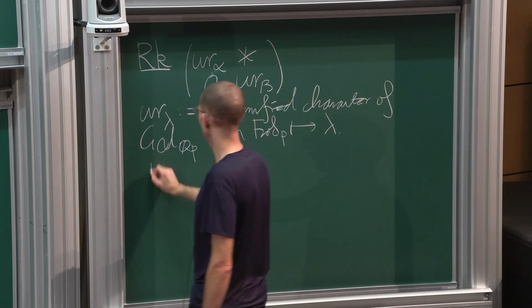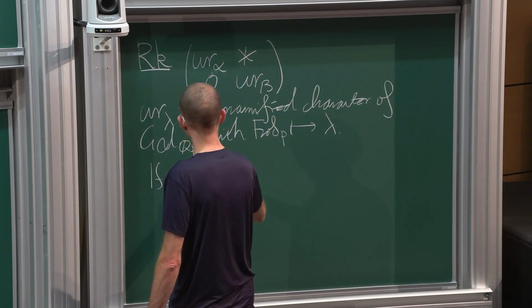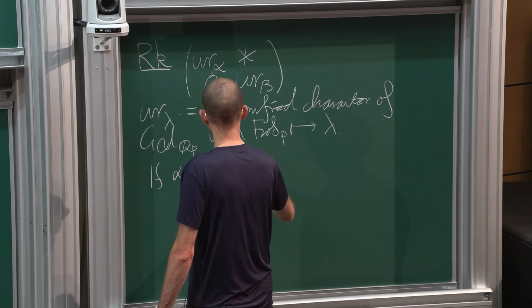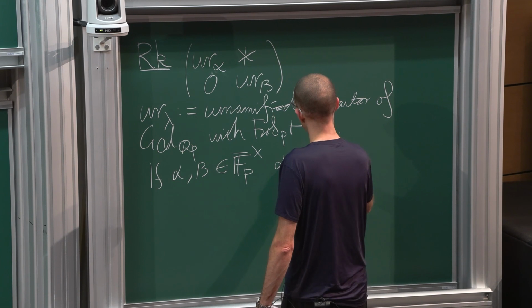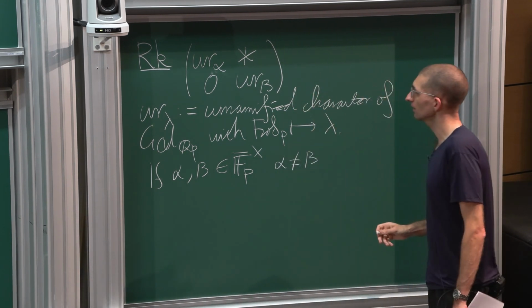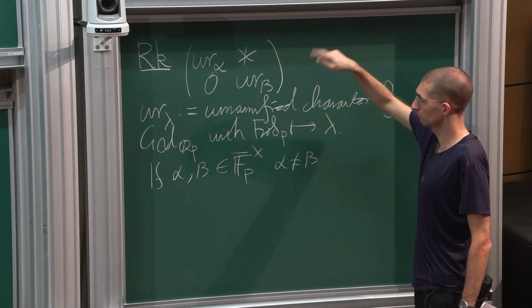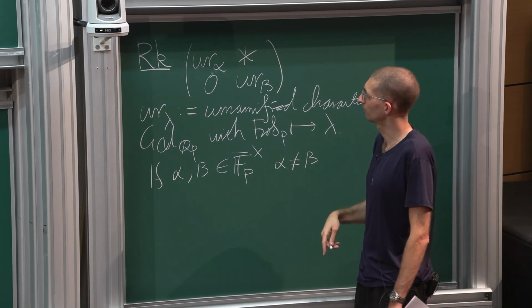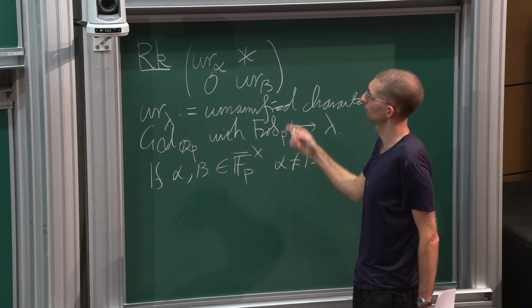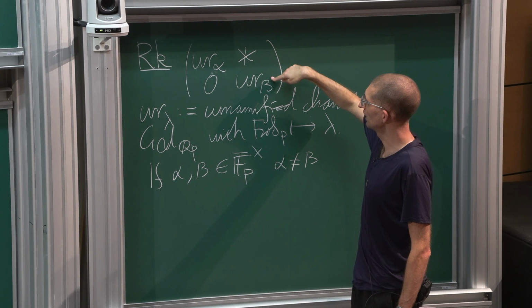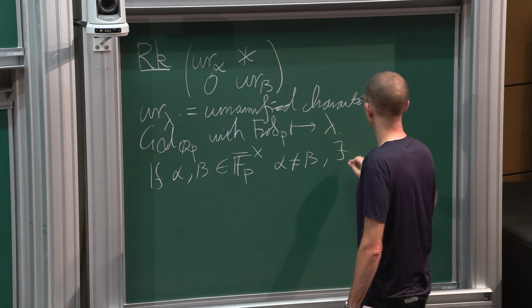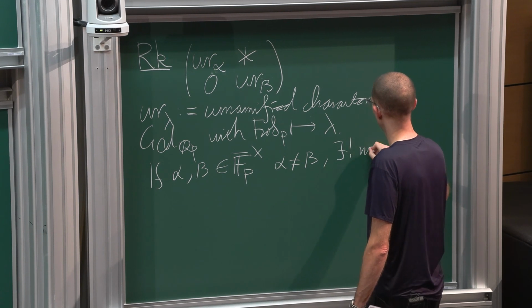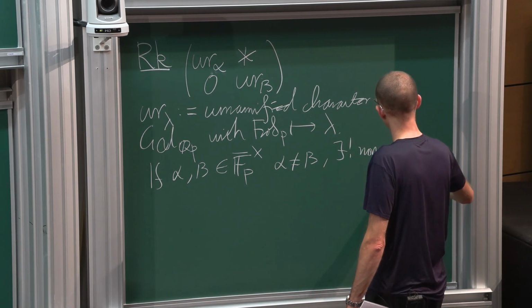And then if alpha and beta are in, say, let's just say they're in FP bar cross and alpha is not equal to beta, then just by kind of Tate duality and Euler characteristic formulas, there exists a unique non-split extension of these characters.